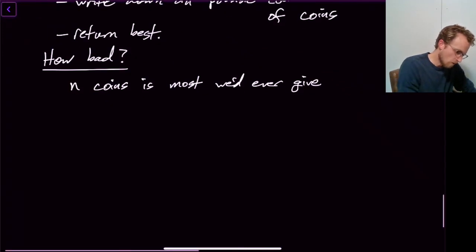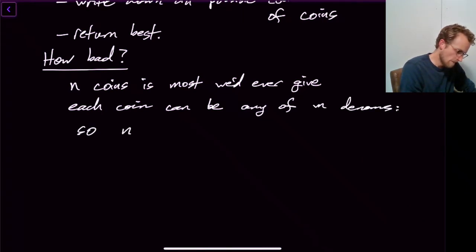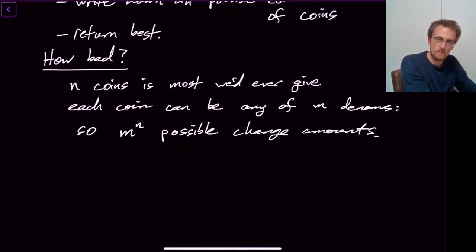So n coins is the most we'd ever give. Each coin can be any of m denominations. So m to the n possible change amounts, right, if we think of each one as returning n coins.